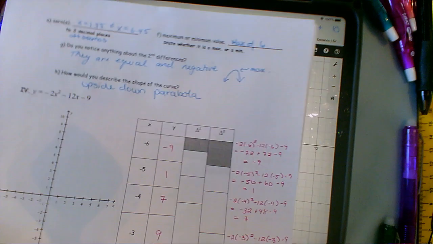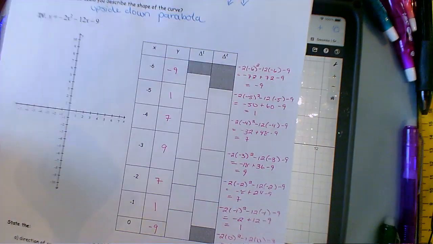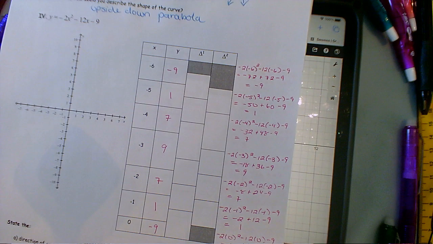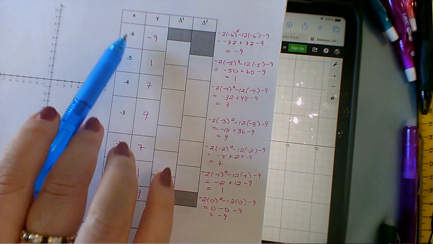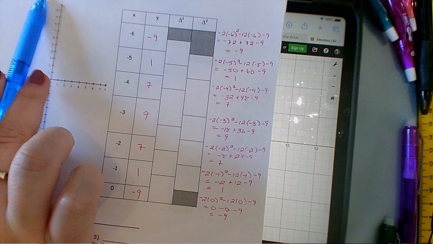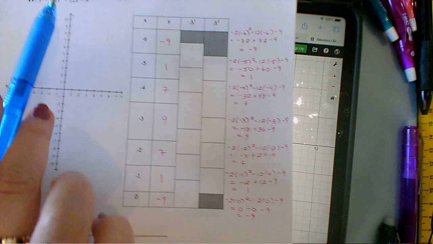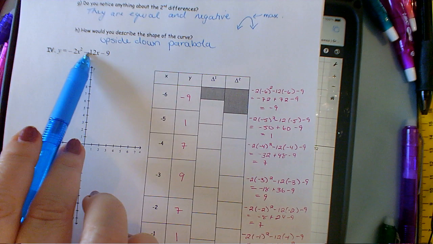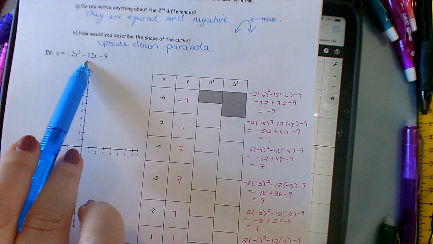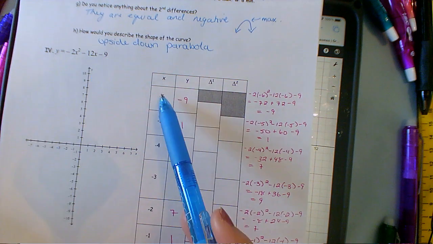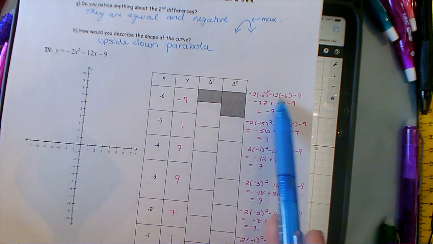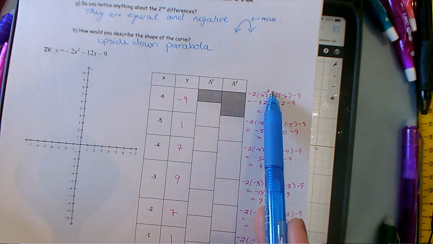Okay, the last two, again, get into the habit of knowing how to sub in these numbers into this equation. This time, the equation is negative 2x squared minus 12x minus 9. So you can see I subbed in negative 6. So negative 6 squared is positive 36.